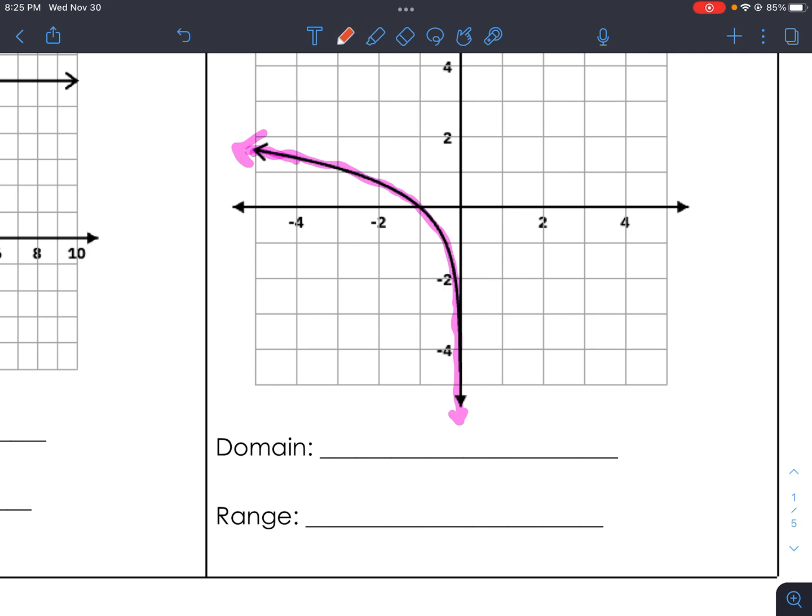So in terms of x's, this is negative infinity over here, the 0 is right here, and it keeps going, and positive infinity is there. So we're looking at our x's. The graph starts here, all these x's are used, and all the x's are used up until we think about there.